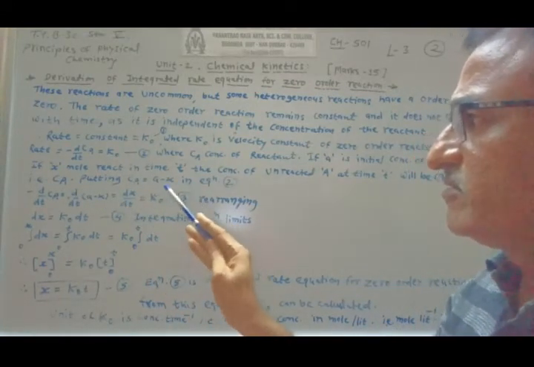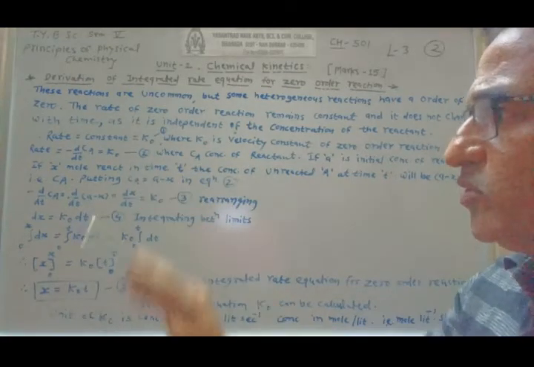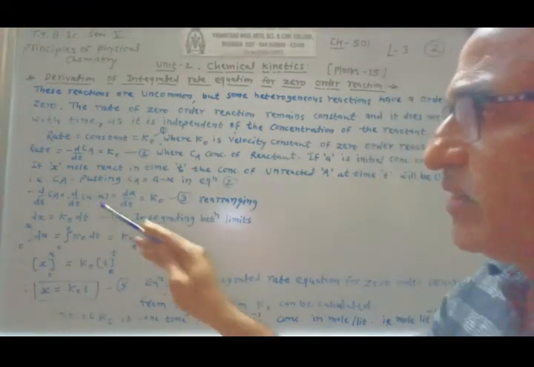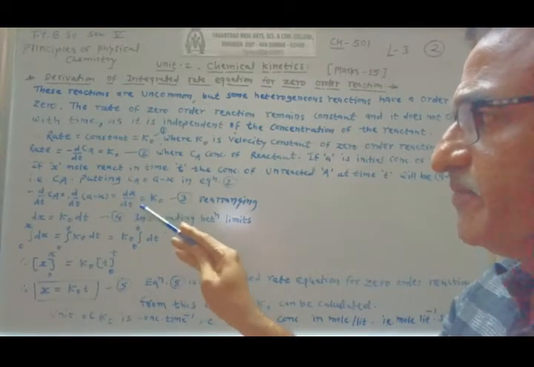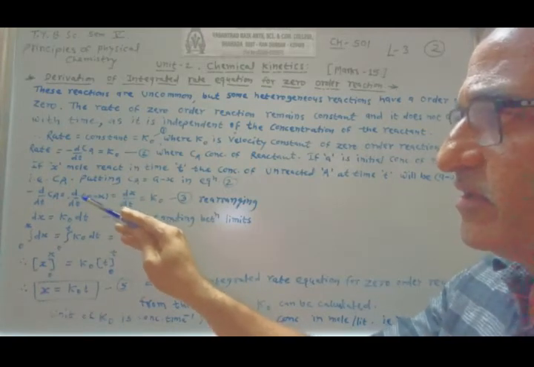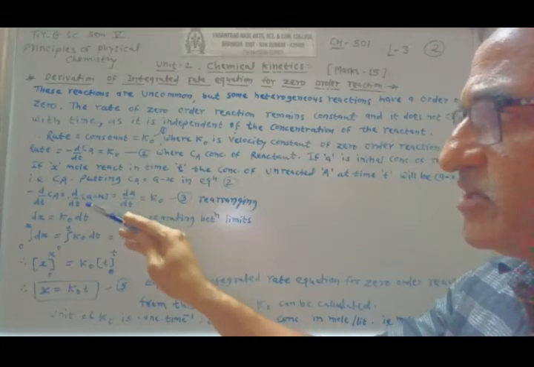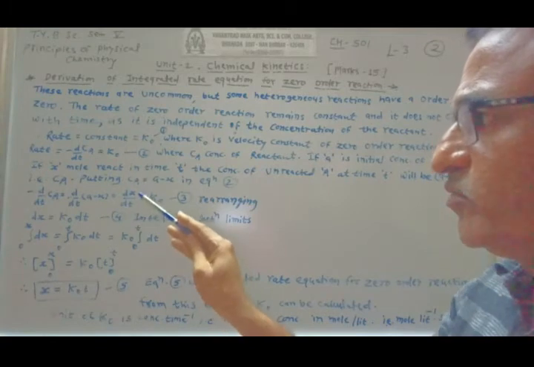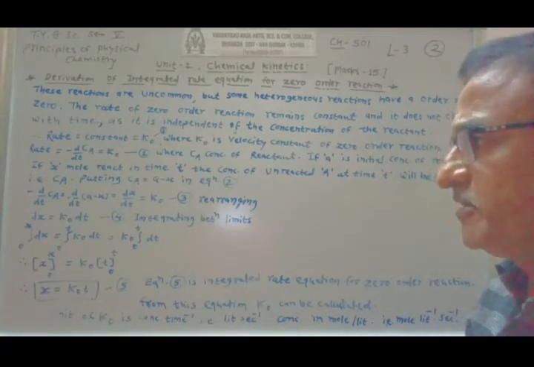Putting Ca equal to a minus x in equation 2, we get minus d(a minus x)/dt is equal to K0. Simplifying, the derivative of the constant a is 0, so minus minus plus, we get dx/dt is equal to K0, call it equation number 3.